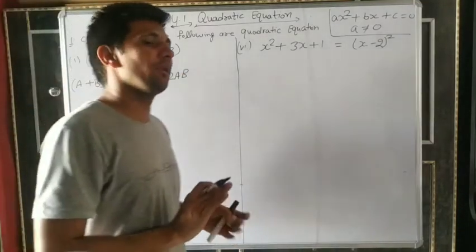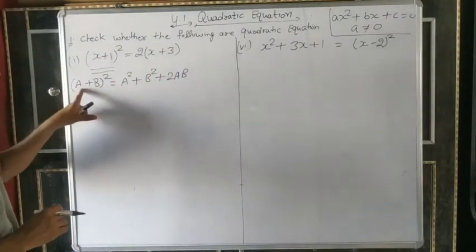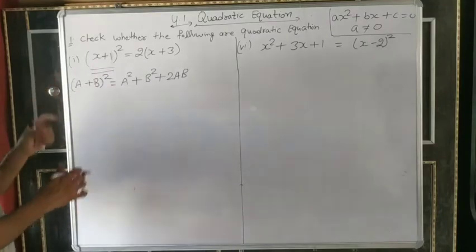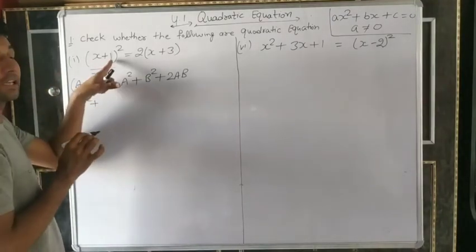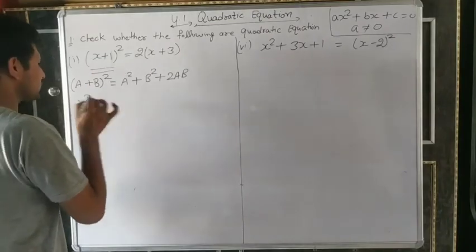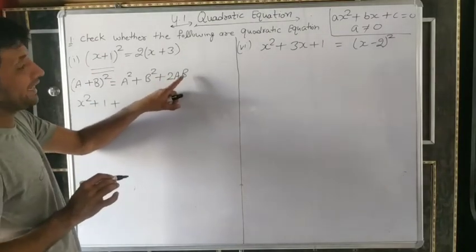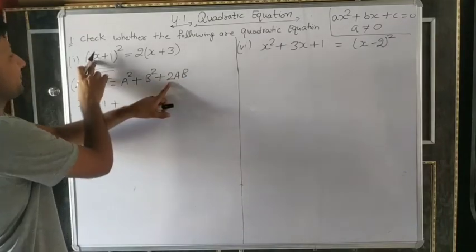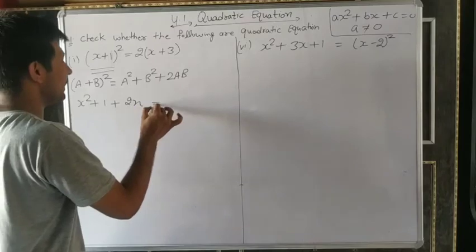Otherwise you will face problems. Okay. So now a square, first number is x. So x square plus b square. What is the second number? 1. 1 square, 1, plus 2 into a into b. So 2 multiply x into 1. So 2 into x equal to.